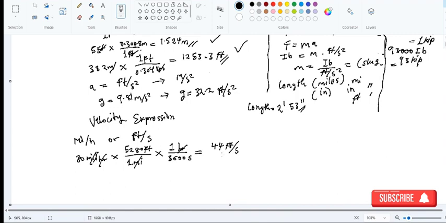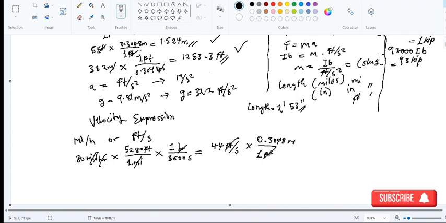So this is how you can convert from one system of units to another, whether it's the international system of units to the US customary units, and also between units. We can also do this for meter per second. We know the conversion rate from feet to meters. Say we want to convert from feet to meters per second. We know the conversion rate to be 1 foot is equal to 0.3048 meters.